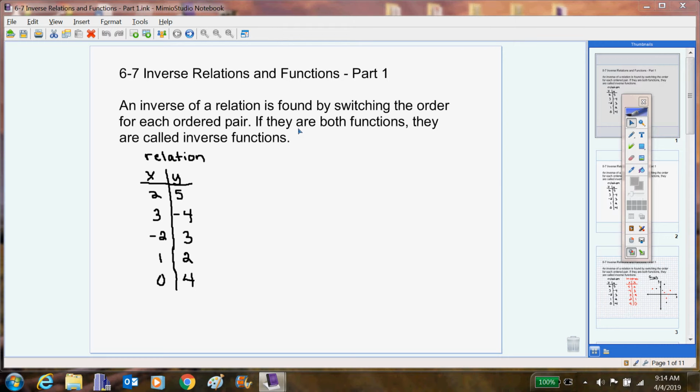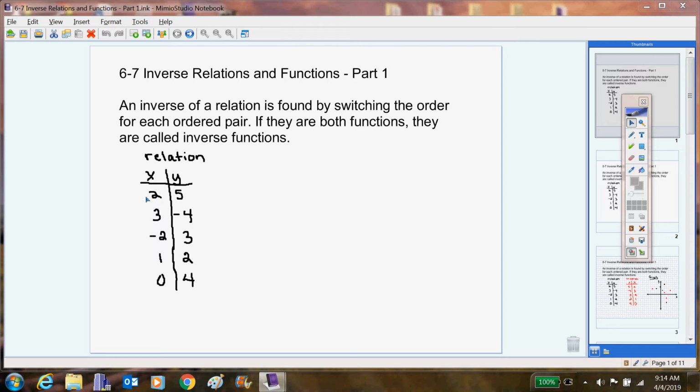So if we have this relation, if you remember, a relation is just a set of ordered pairs that may or may not be a function, but it's a set of ordered pairs. So in order to get the inverse of this relation, all you do is switch the x values and the y values. So if we switch these, that means x becomes what?